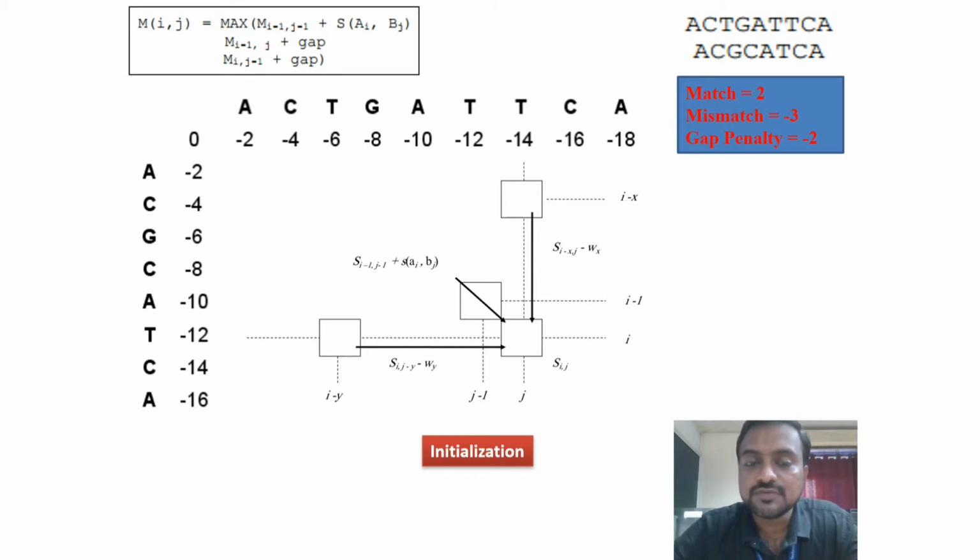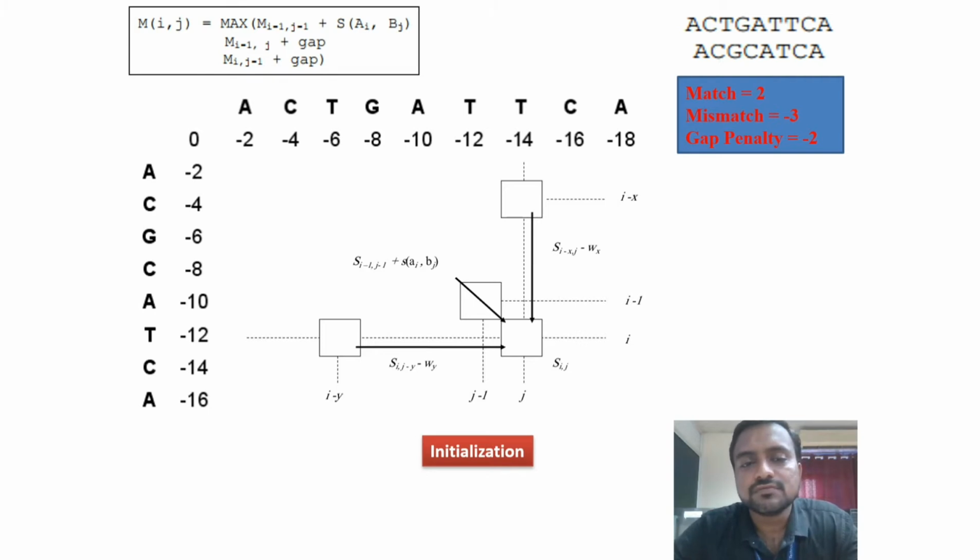The difference between -2 and -4 is 2 because the gap penalty provided here is -2. And if this was -3, the gap penalties would have been 0, -3, -6, -9. So the difference between the two numbers would have been 3. Similarly, we would have followed the same scoring scheme for the other sequence that is written down the page here.